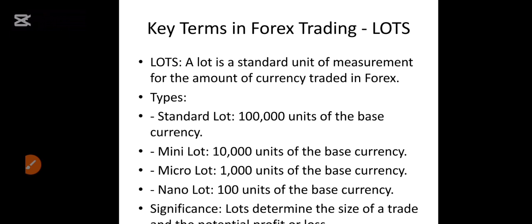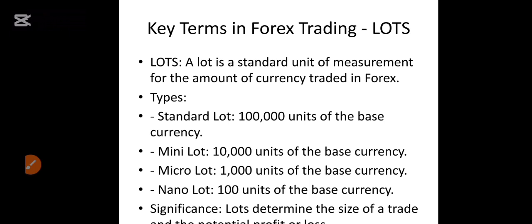Significances: lot size determines the size of a trade and the potential profit or loss. Do you get it? So this determines your profit. Pips play a huge role, but this lot size is what plays the major gain in the market.